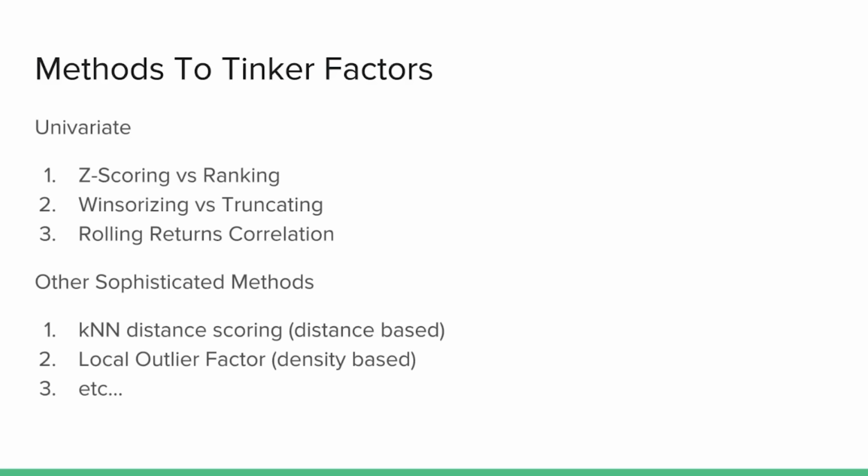In a similar way, we have the local outlier factor. It's more density-based versus distance-based. For local outlier factor, we look at the density, or basically the clusters of data points near a single data point, to understand how much of an outlier it is. So in a sense, you can look at it as a data point that's very lonely should be considered an outlier.